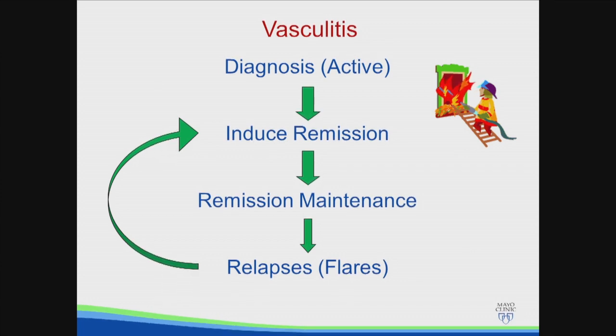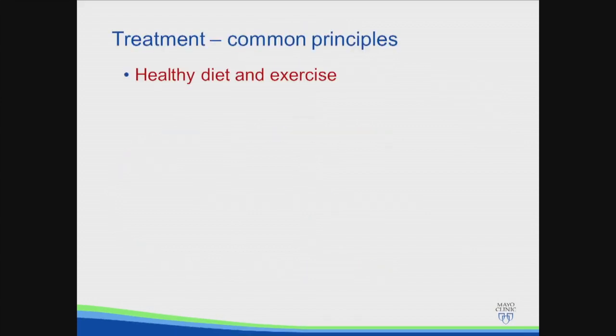In giant cell arteritis and large vessel vasculitis, for about 70 years or so, it's really been prednisone, prednisone, prednisone, and more prednisone, which, of course, has its downsides, and we'll talk more about that. There are some common principles that we try to encourage folks when we're dealing with treatment of vasculitis.